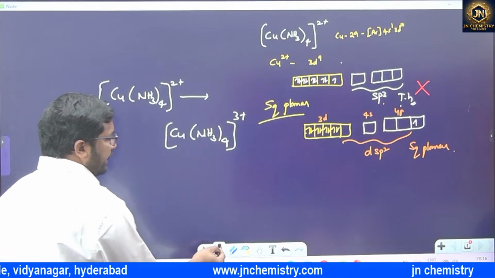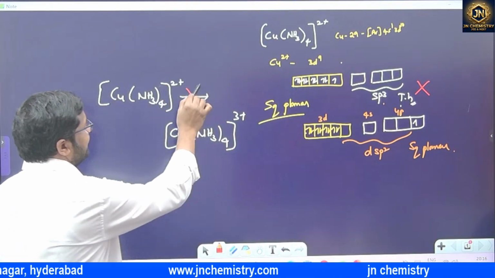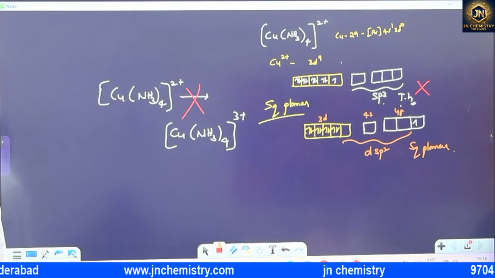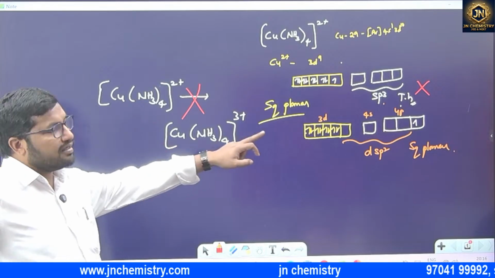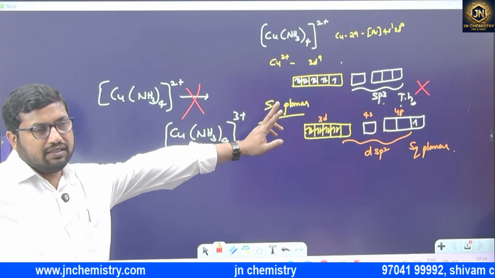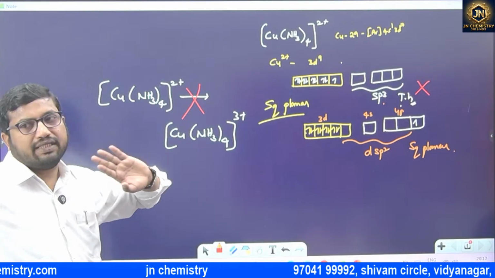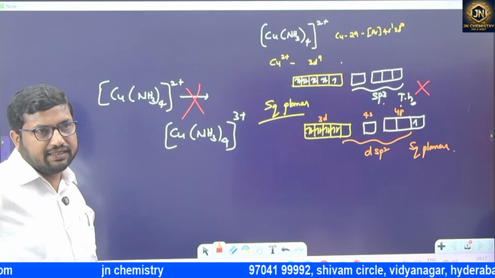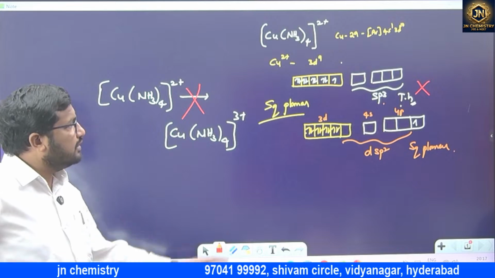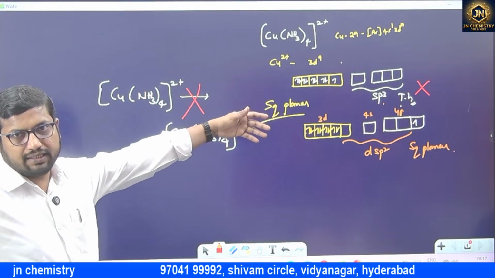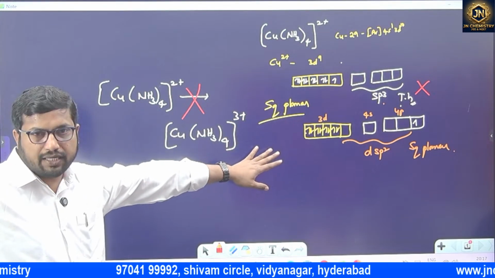But what exactly is happening? This is not undergoing oxidation. It's not undergoing oxidation. Means electron is not in 4p. Something is fishy, right? According to that concept, not sp3. According to Pauling, it is a square planar.